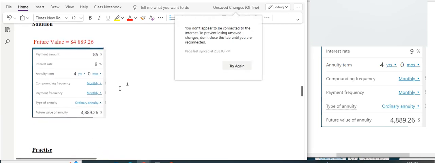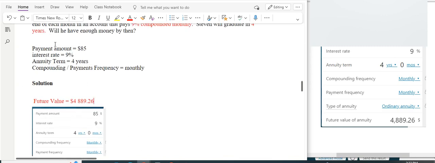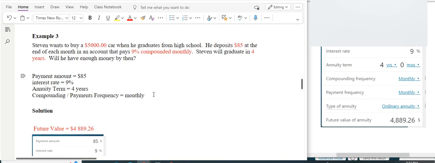So the answer to this question is no, he will not have enough money saved by the time he graduates. So it's worth noting for this particular example that when you're going ahead to solve this question, pay close attention to the values that you're inputting in and make sure you answer the question completely.